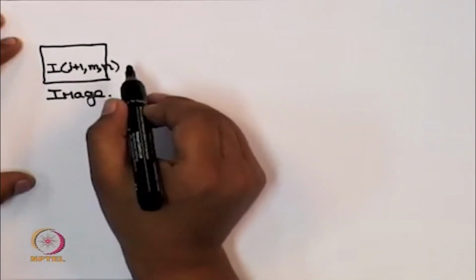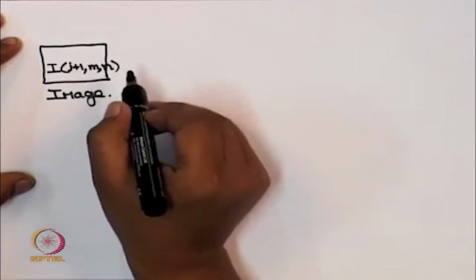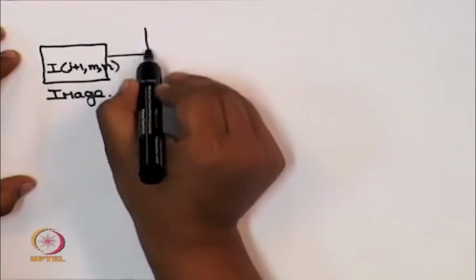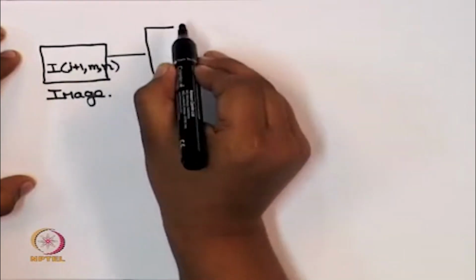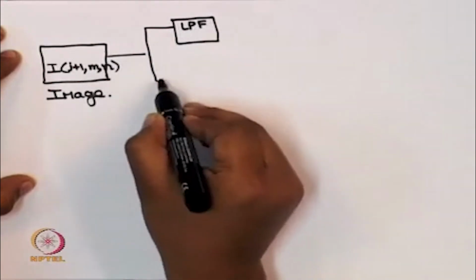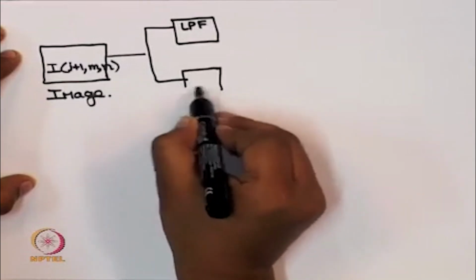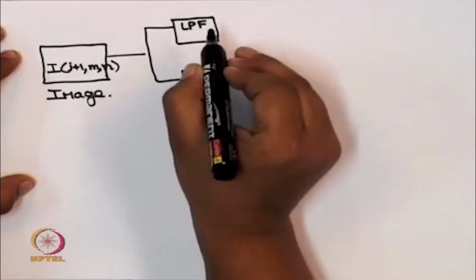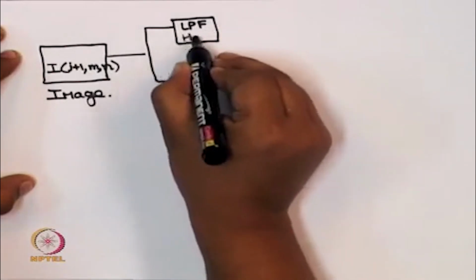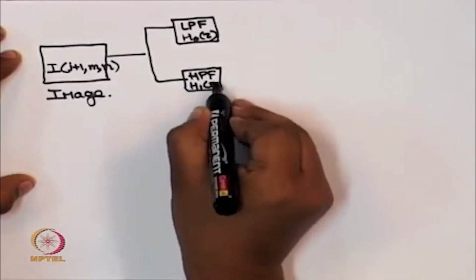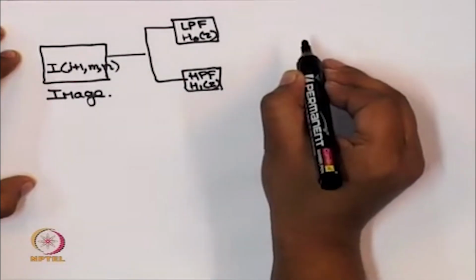So, suppose I_{j+1}(m, n) is the starting signal and it is passed through two filters, one a low pass filter and a high pass filter with transfer functions of H0(z) and H1(z) respectively.